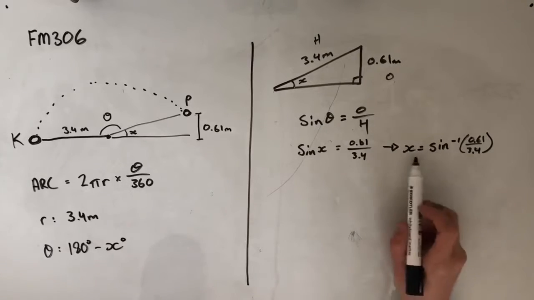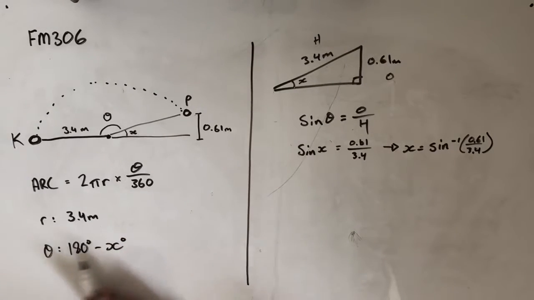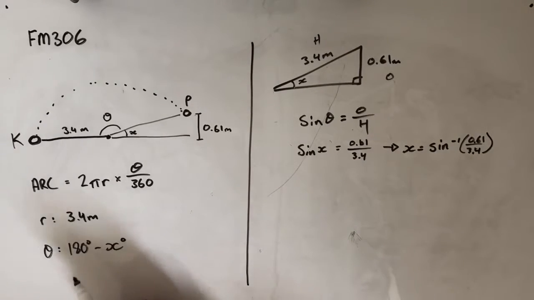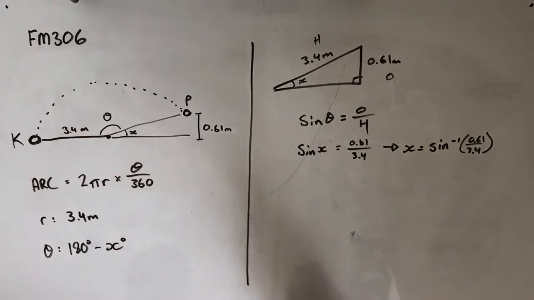So we can substitute this value of x back into our little formula over here for theta, and then we can substitute our values of r and theta back into this original arc equation.